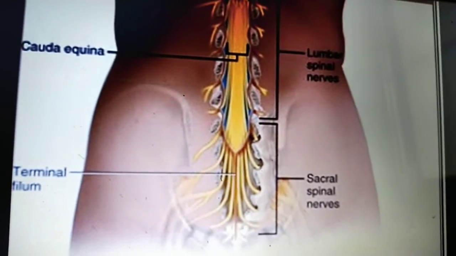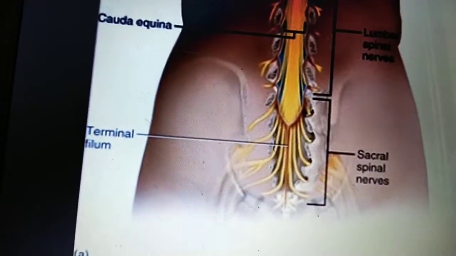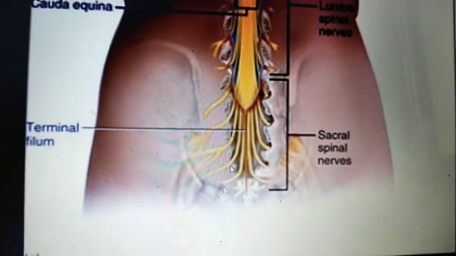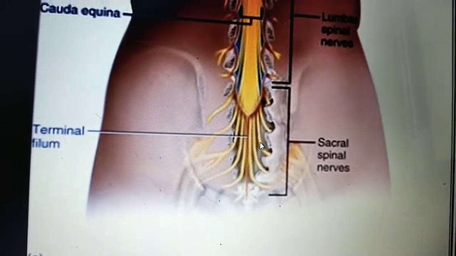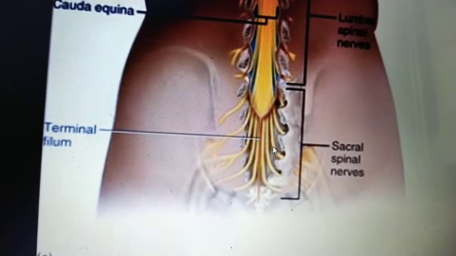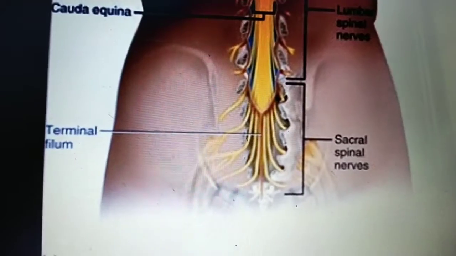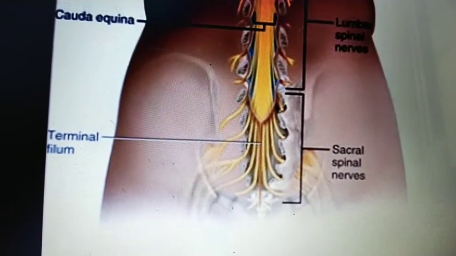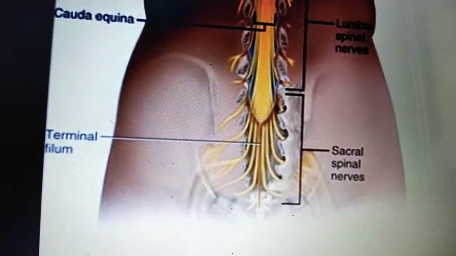Below that we can see the terminal filum. You can see here these are the terminal filum, also called terminal threads. The terminal threads or filum terminale are delicate strands of fibrous tissue about 20 cm in length, proceeding downwards from the apex of the conus medullaris.